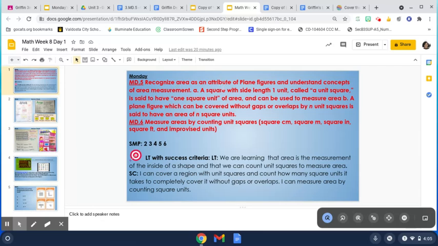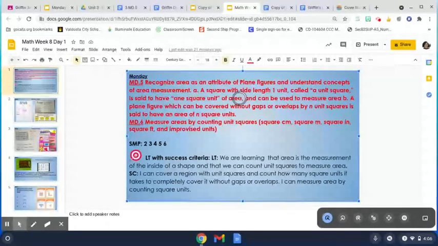Attribute is a characteristic of plane figures. When I say plane figures, we're talking about squares and rectangles, where you just see the length and the width of it. And understand concepts of area measurement.